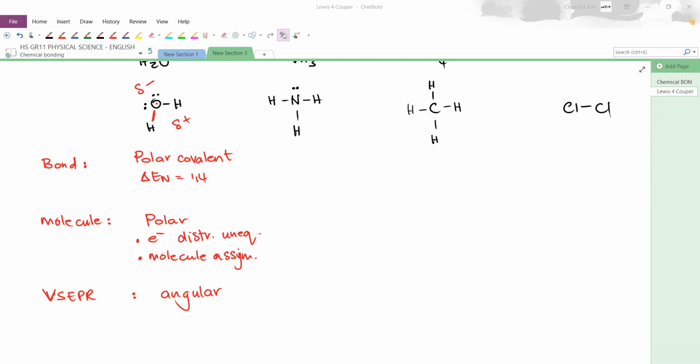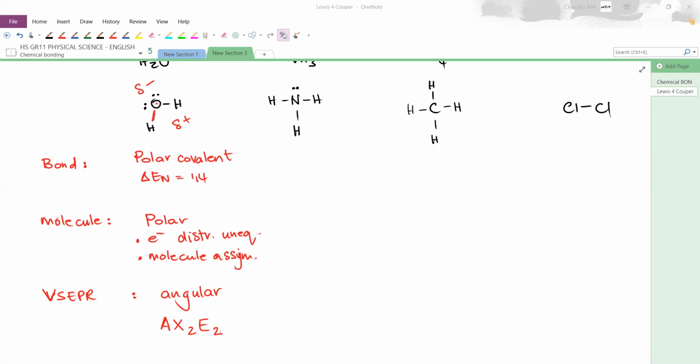A is for the central atom. So oxygen. Okay. AXE. So X is for the atoms bonded to the central atom, and there are two, and E for the amount of lone pair electrons. There are two. Okay. Good.